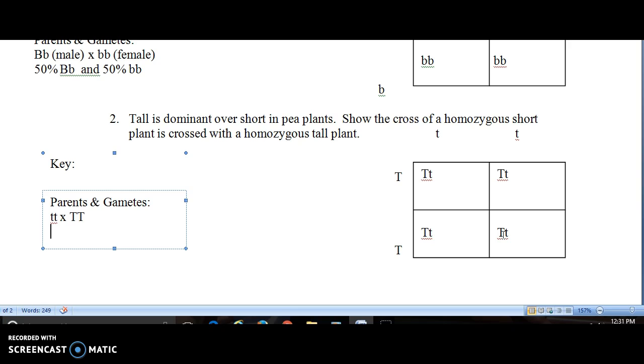We could say that for this combination of a code, the genotype is our code, we would get 100% of our results are that genotype, and a capital letter would give you tall, right? Tall plants. So there is another example of a Punnett square problem.